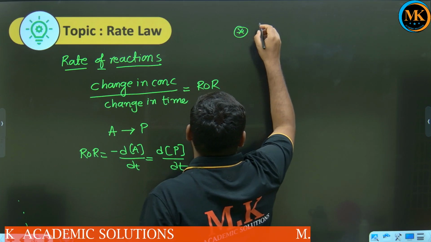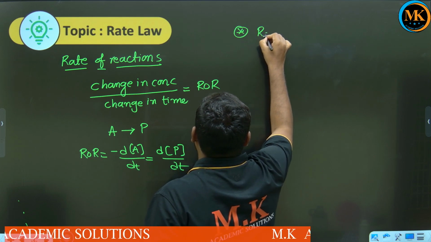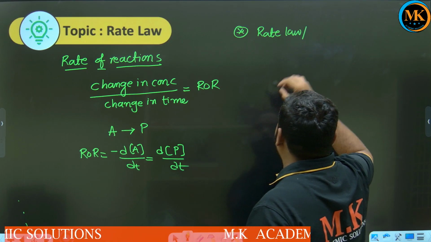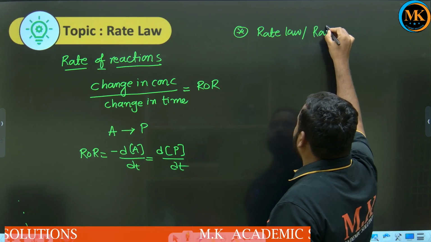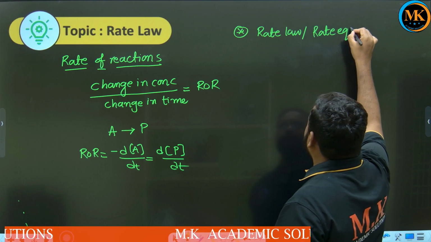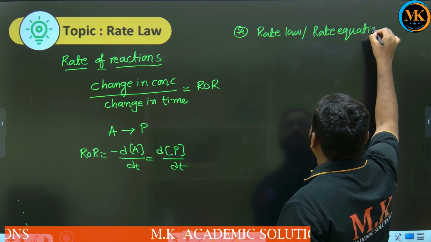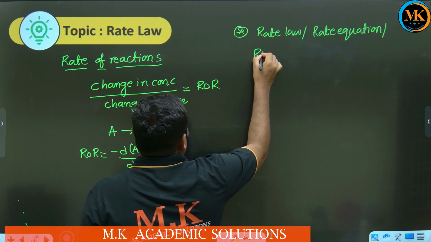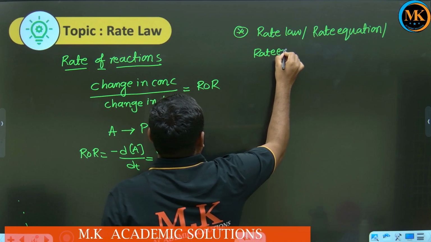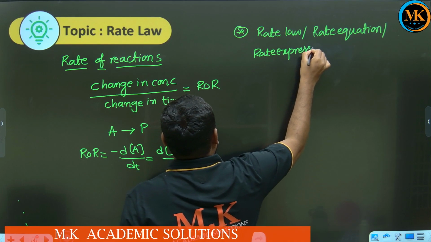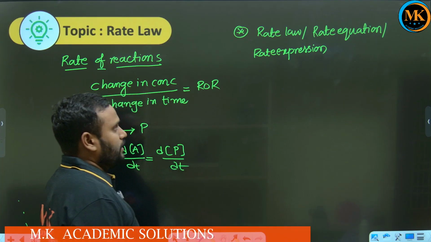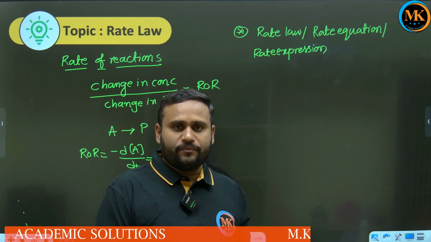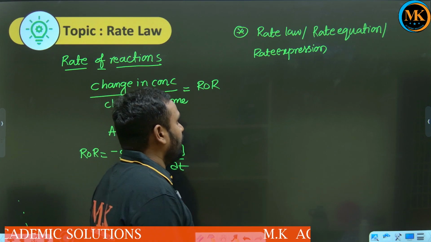Rate law, or rate equation, or rate expression, gives information about the relation between rate of reaction and concentration of reactants.